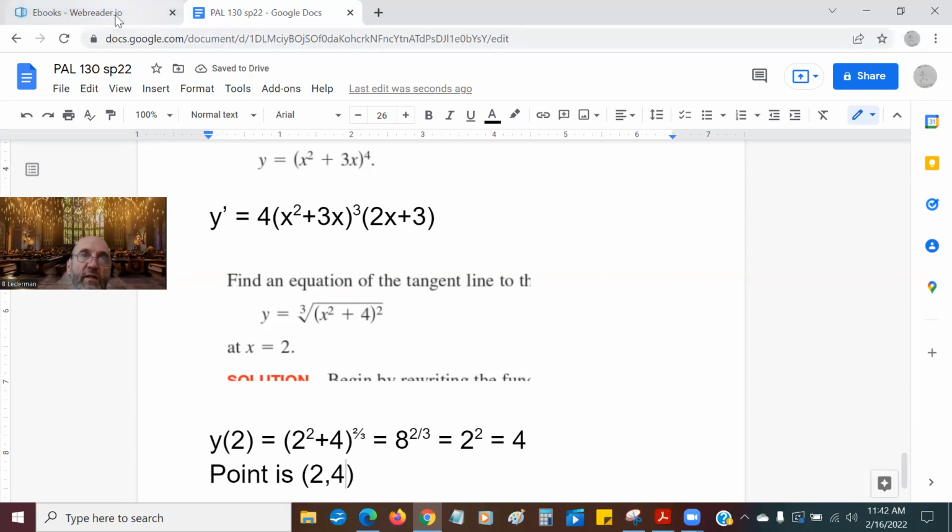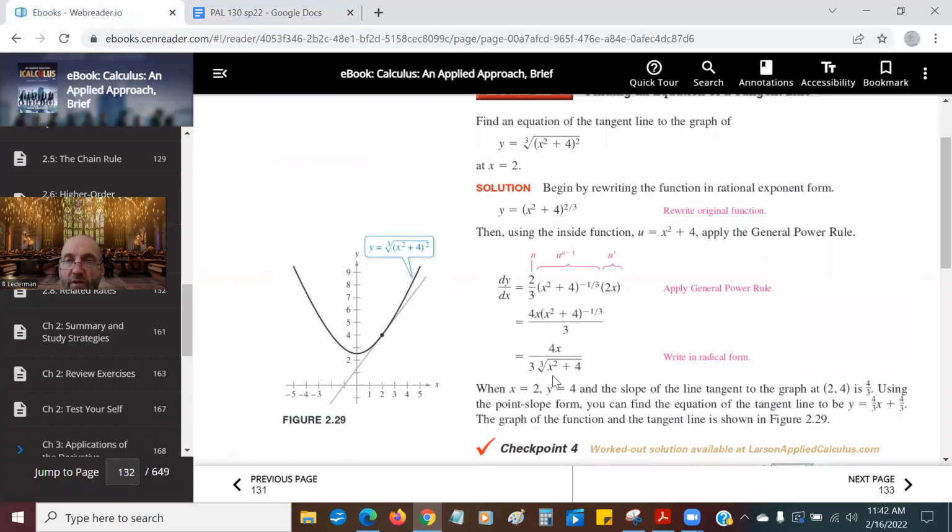And then to get the slope, I plug 2 into the derivative down here. When I plug 2 into here, I'm going to wind up getting 4/3. I'll let you guys do it by yourself.